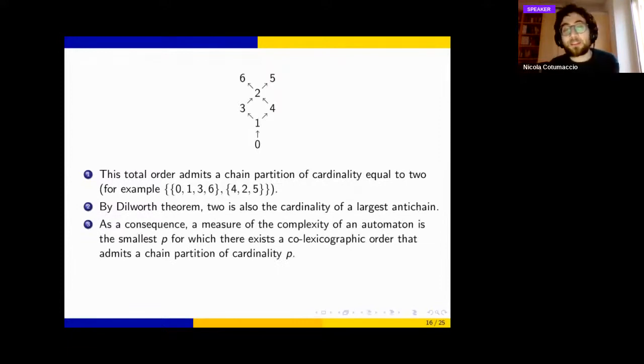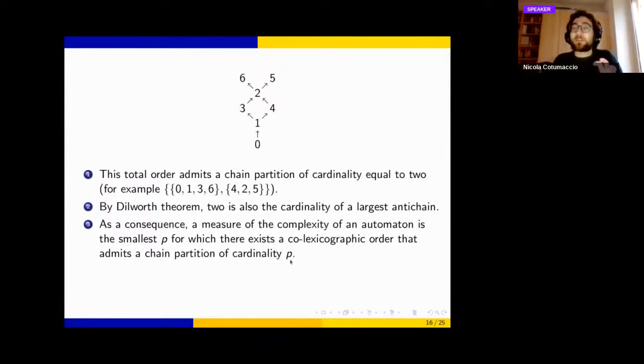So it makes sense to measure the complexity of the graph of an automaton by considering the smallest p, the smallest cardinality of a partition into totally ordered sets. The point here is that in general a graph may admit several such orders. So in order to obtain a measure that only depends on the structural complexity of the graph, I should consider all possible colexicographic orders on the graph and then pick the smallest such cardinality of a chain partition.